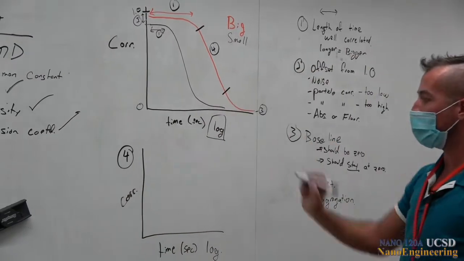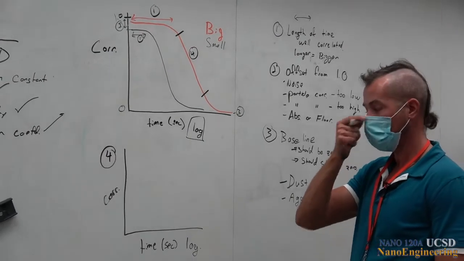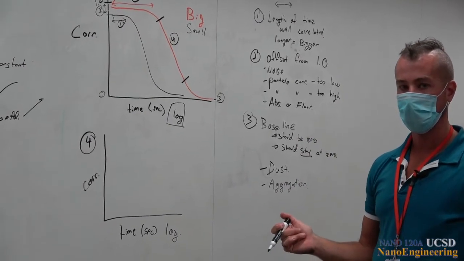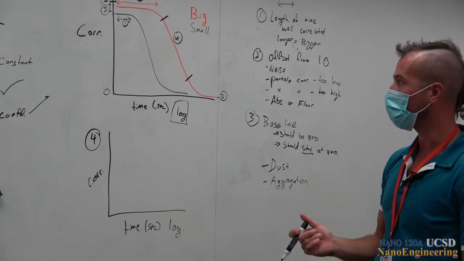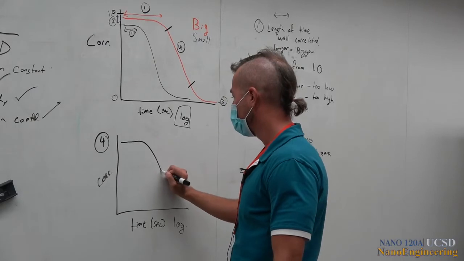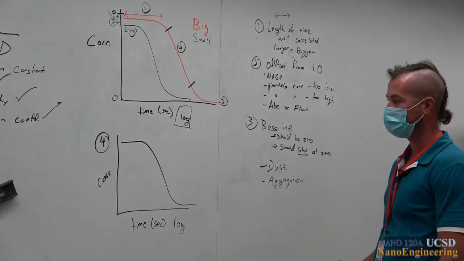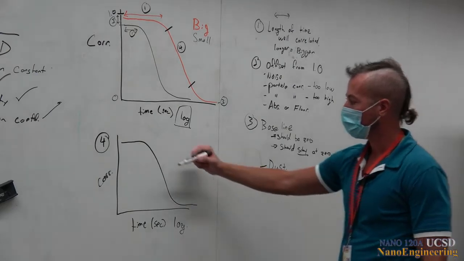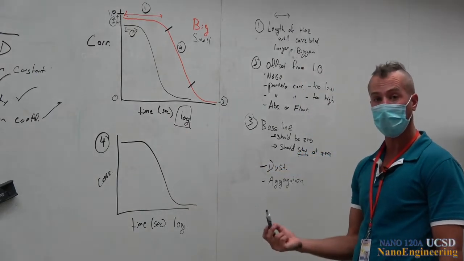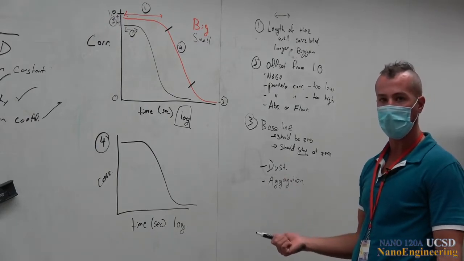What this is going to tell you about is how similar the particles are to each other. If every particle was the same size, this rate of loss of correlation should be the same every time you replicate the measurement.